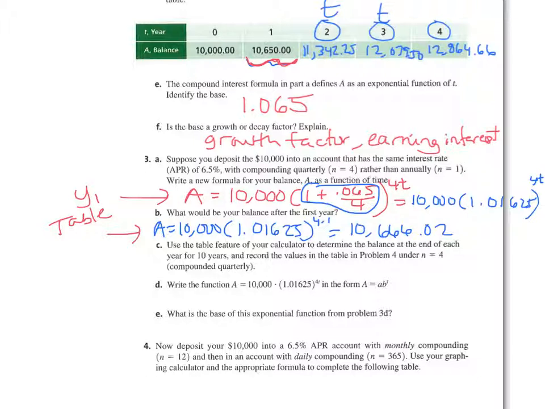Part D, write the function in the form A equals AB^t. That's what we've been used to looking at, this form. In this case, this piece right here, even including the 4, would all be B. So if I rewrote this formula, it would be 10,000 times, and if I went over on my calculator and did this part, you're going to end up getting 1.0666.